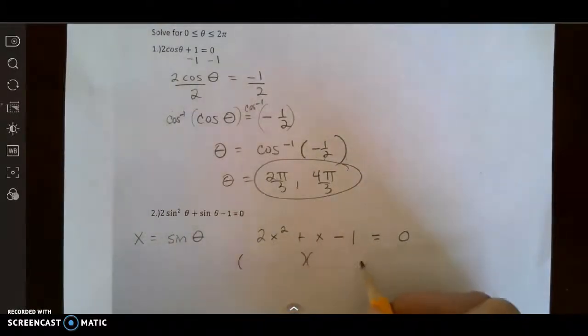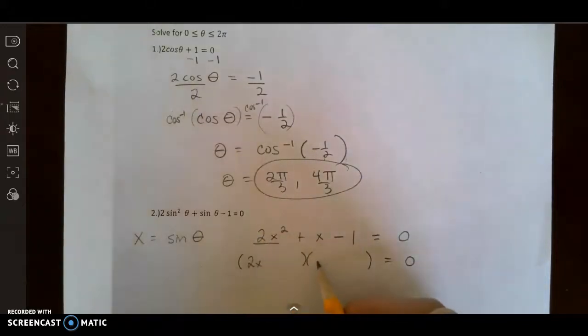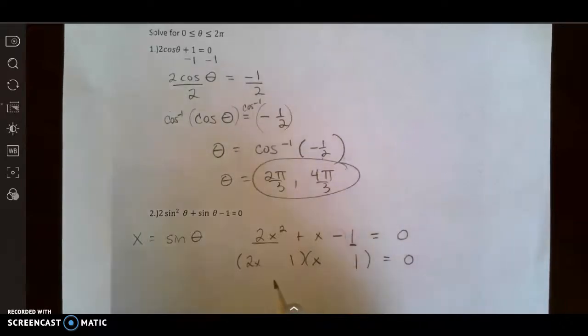Then I'm going to factor it. Only way to get 2x squared is 2x and x. The only way to get 1 is 1 and 1. And because this is negative, I need to make sure that I have a positive and a negative.